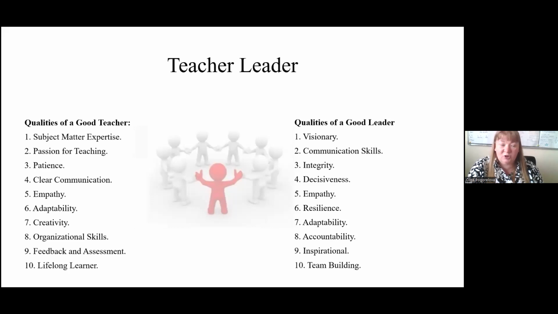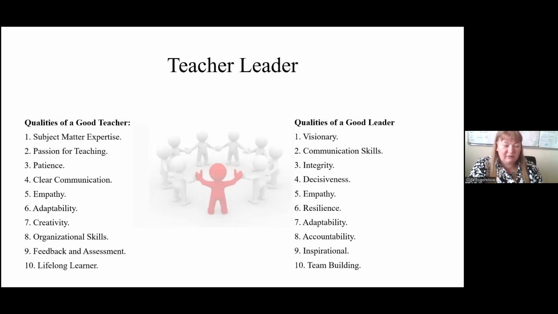So a good leader should be visionary, and we said that a good teacher should be assertive, should be able to set up the goals and support the learners, should be very positive about that. So this is one of the examples of how they overlap. But in fact, if we continue, we have empathy as number 5 in both lists. And then we have adaptability on the list and all other things.